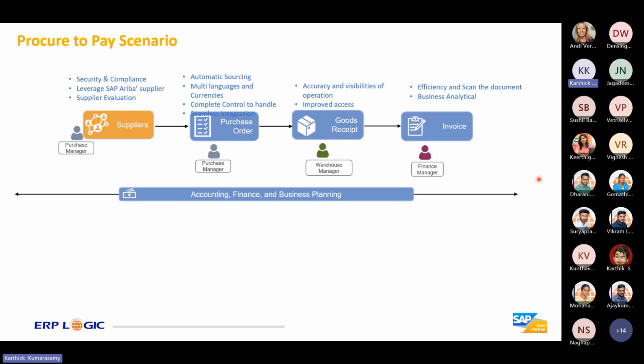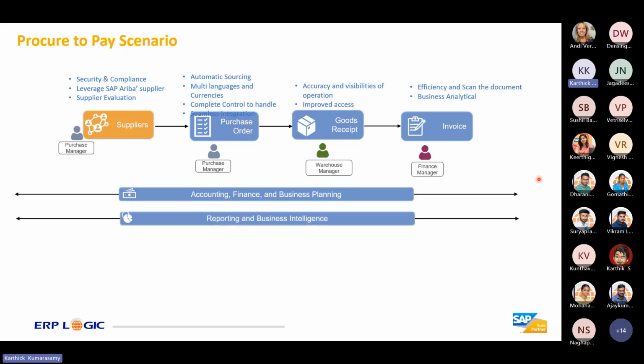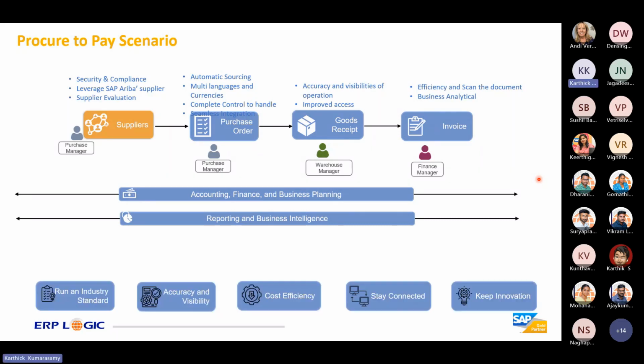In all aspects it has been seamlessly integrated, and it has reporting functionalities as well. Finally, it is an industry standard solution and we have visibility. The reason it is industry standard is that it delivers complete functionality, and it is a proven methodology.